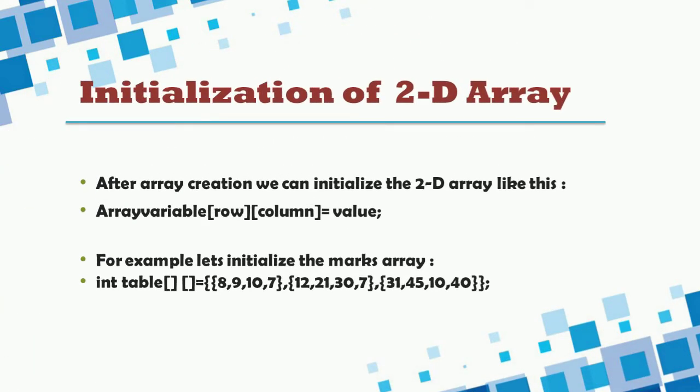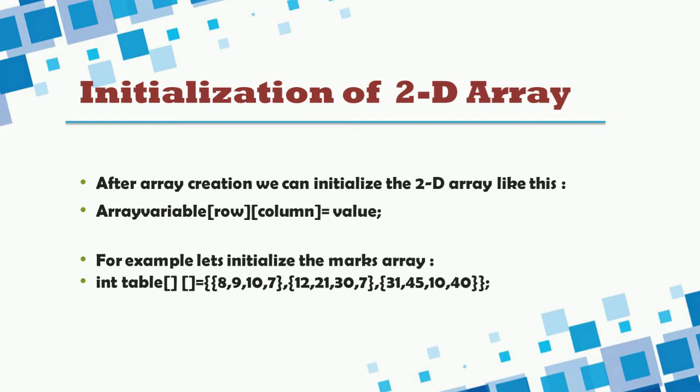So next we'll move on to the initialization of a two-dimensional array. Like a one-dimensional array, two-dimensional arrays may be initialized by following their declaration with a list of initial values enclosed in braces. Look at the last line here, int table is equal to, and the values have been initialized.